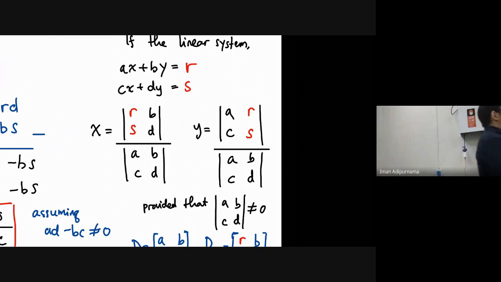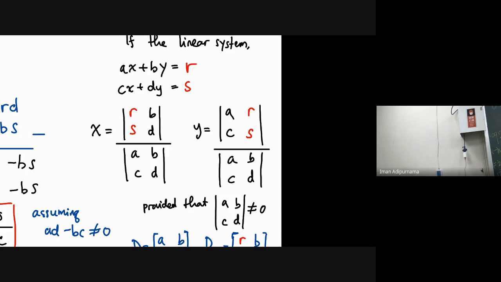And later, the same way, if you are having x, y, and z, three variables, it's like thinking in the 3 by 3 matrix. And the same thing, determinant 3 by 3, but changing the x, changing the y, changing the z.